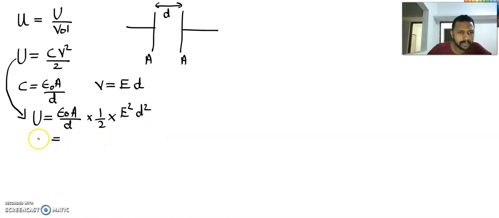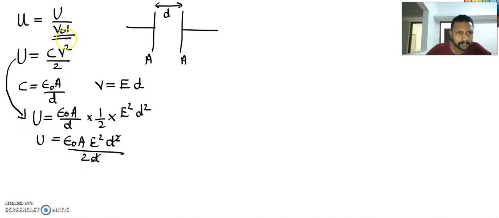Then I could write this as epsilon 0 A E square D square by 2D. One D and D square can be cancelled. Clear? Therefore, we have an expression for energy in terms of electric field intensity like this.